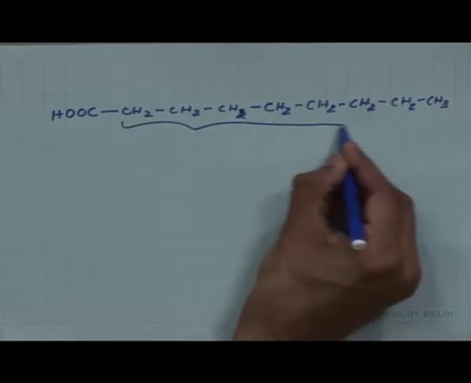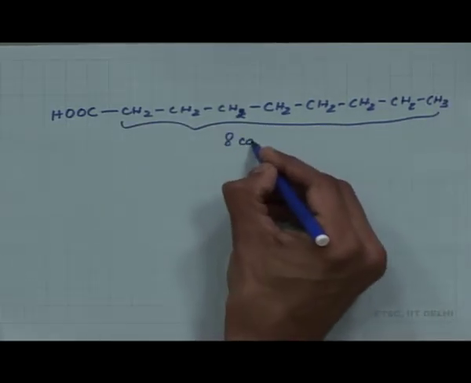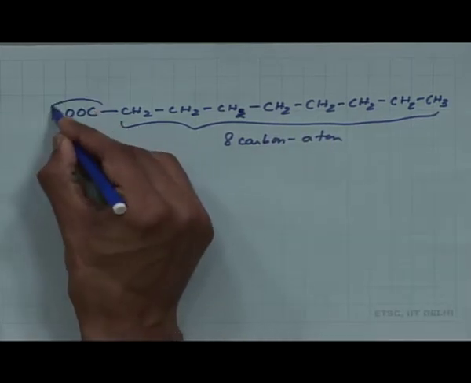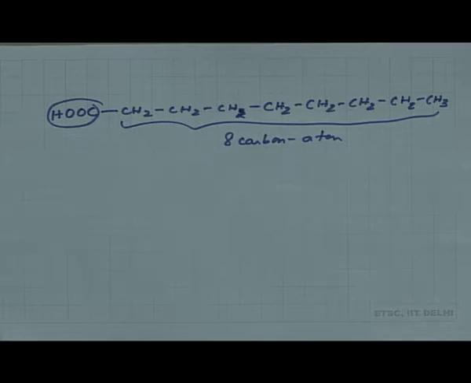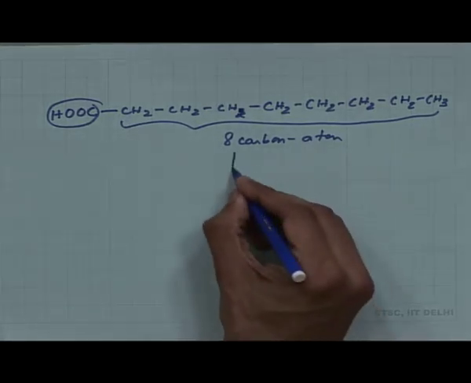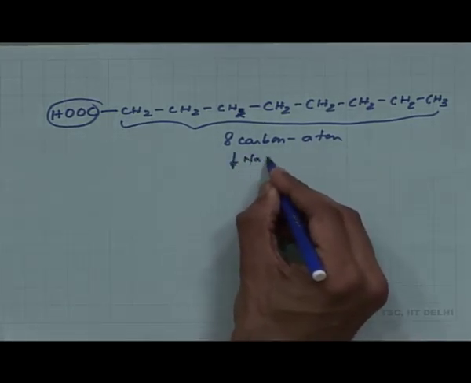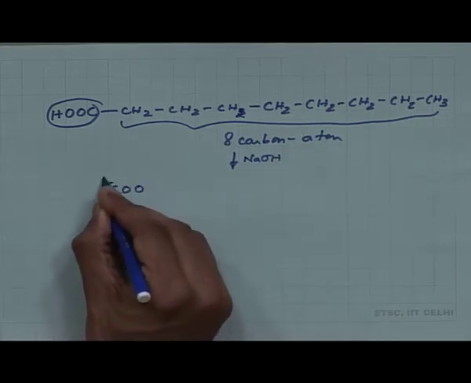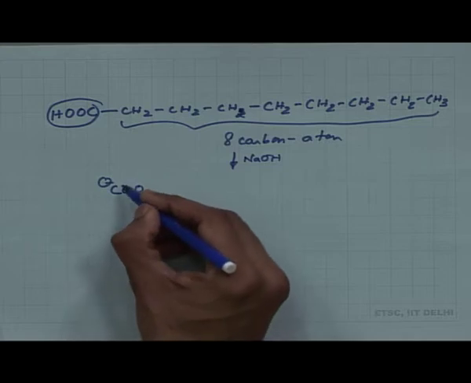This has 8 carbon atoms. You can think of bigger, and there is this carboxylic group. If I now put this in sodium hydroxide, I will form a charged species like this. Let me write this differently.